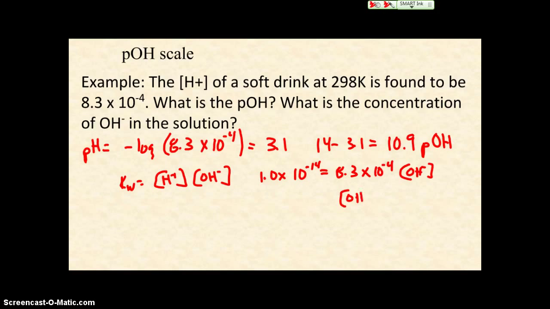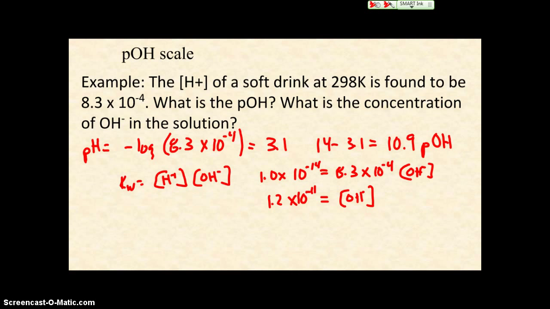So if I get the OH alone and take my 1 times 10 to the minus 14th and divide by the 8.3 times 10 to the negative 4th, let me just pause as I put this in. So I divide these, I end up with a value of 1.2 times 10 to the minus 11th as my OH concentration.